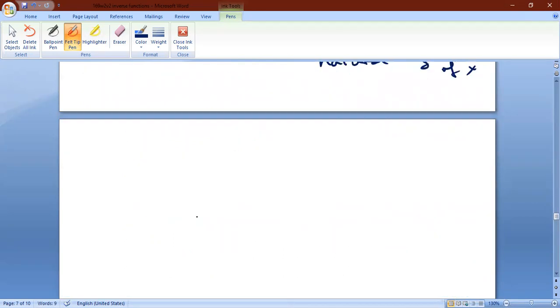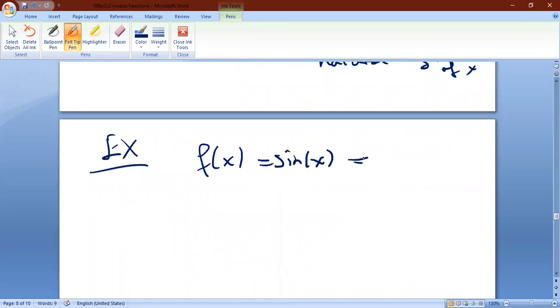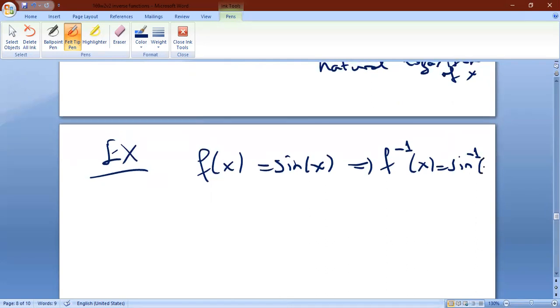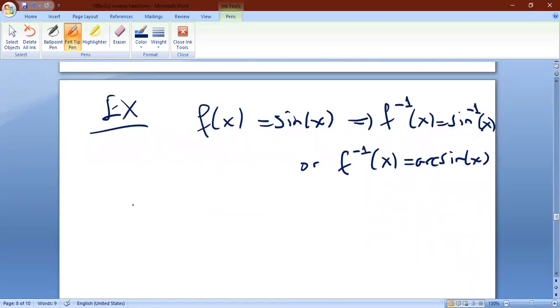Other examples which we will have to deal with are, let's say, f of x equals sine x. Then its inverse is written either as inverse of sine, or sometimes as arc sine of x. This is the inverse of sine. And for the others, there are similar functions.